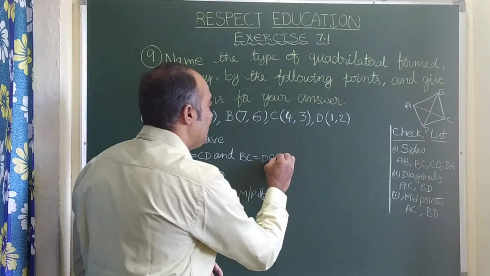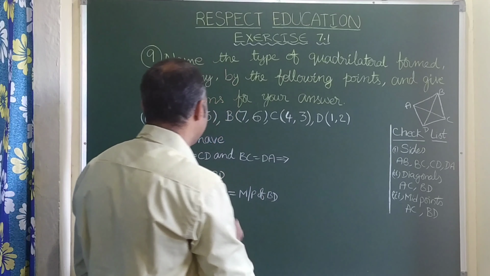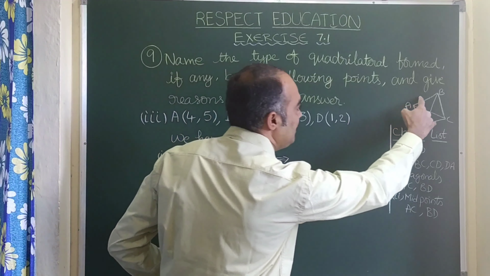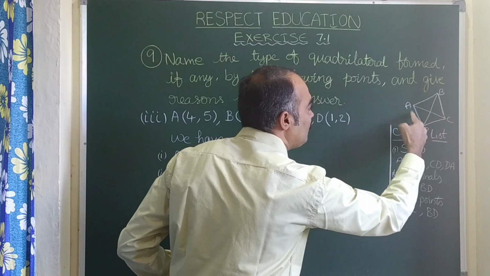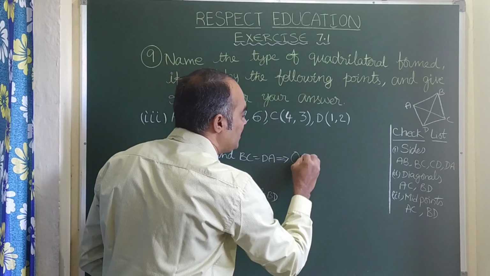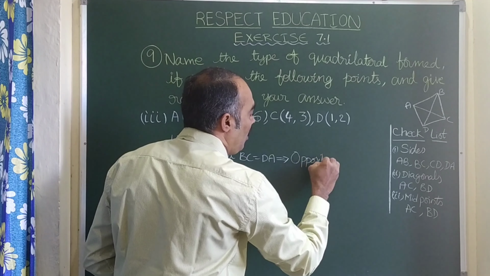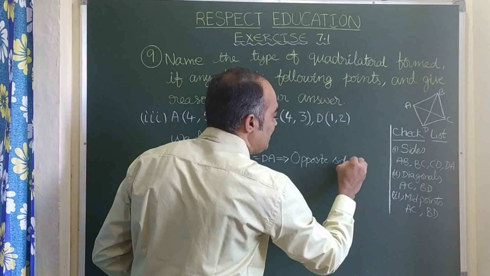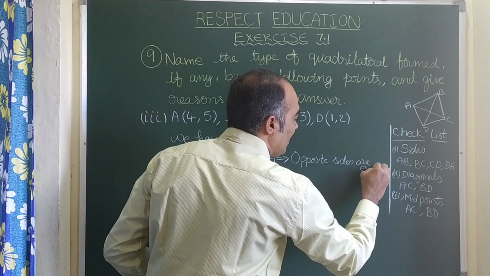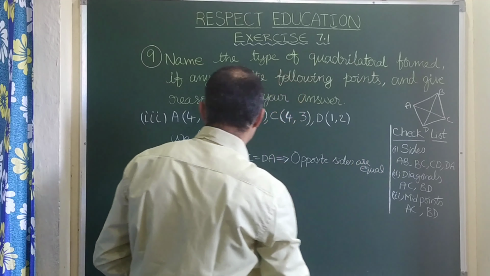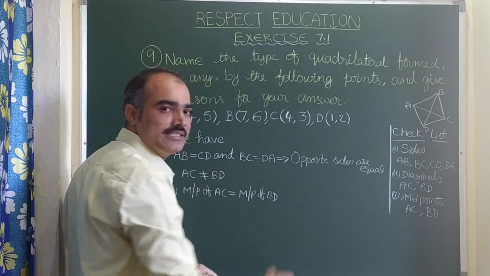What does the first one indicate? AB is equal to CD and BC is equal to AD, meaning opposite sides are equal.